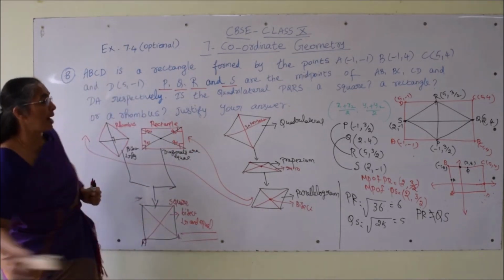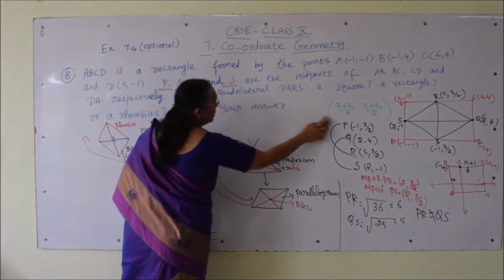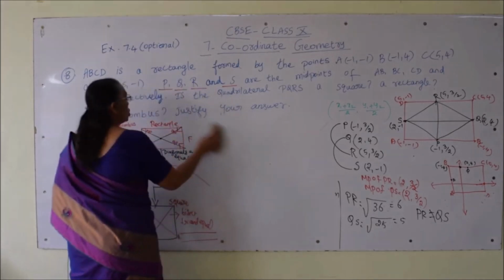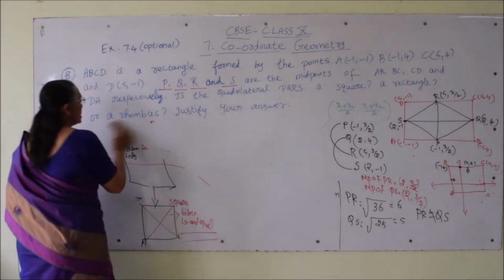So we find the distance between all four sides of the given quadrilateral PQRS to prove that it is a rhombus.